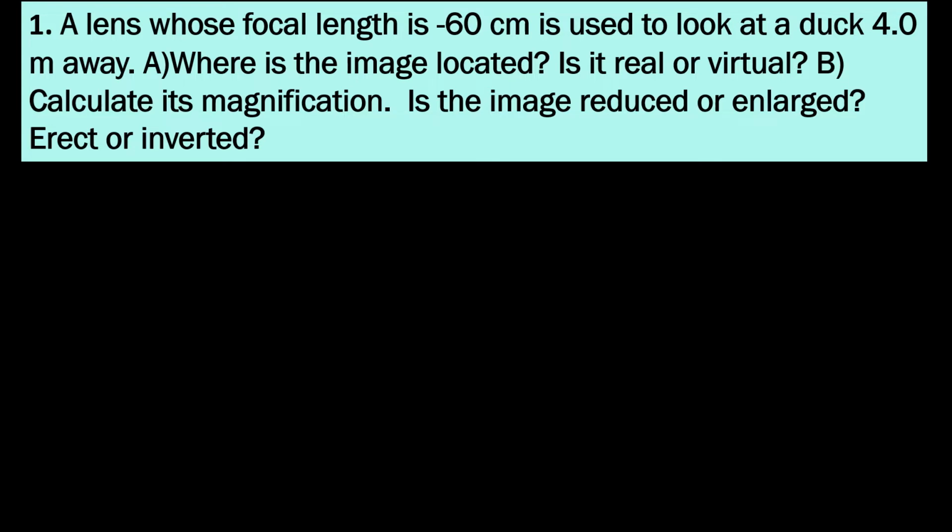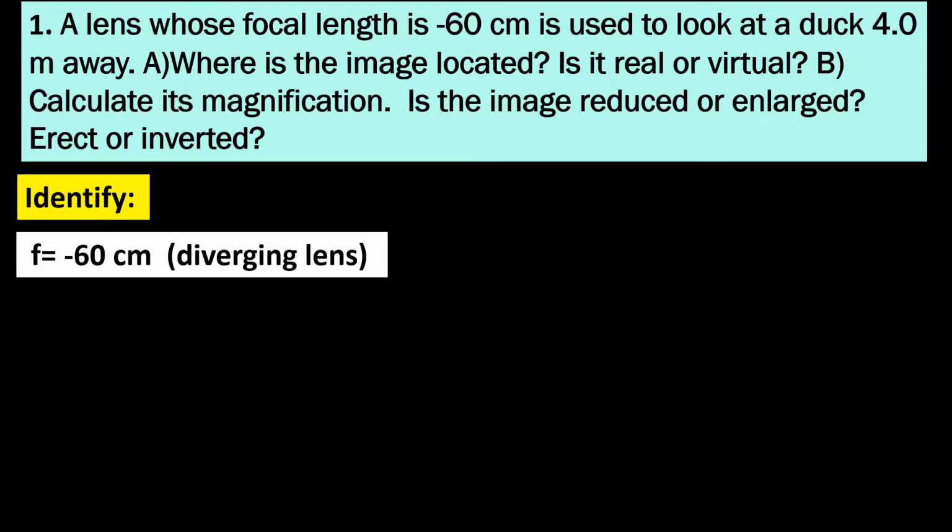So, first, let us identify the given data. We are given the focal length, which is negative 60 centimeters. And earlier, we said that if the focal length is negative, then the lens is considered a diverging lens.